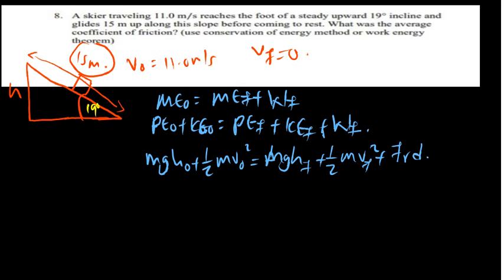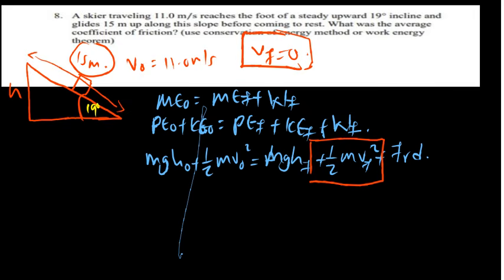Now from here, what we're supposed to do is this. First, the final velocity is 0. What's going to happen to the final kinetic energy term? It is 0. Is it okay to everyone?